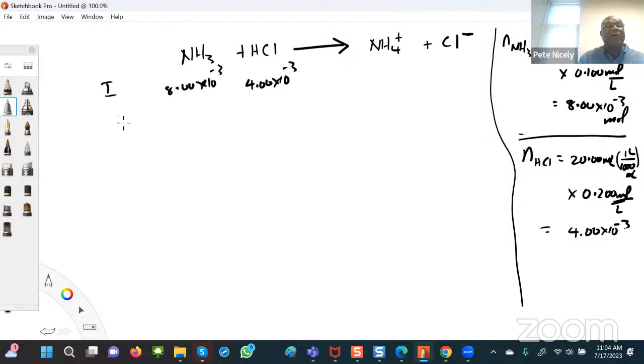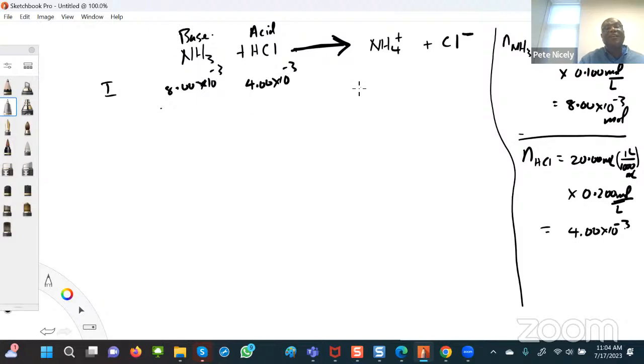Now you'll notice that the type of arrow I'm using here is the arrow going in one direction, all right? And the reason why that is so is because this is an acid-base reaction. All acid-base reactions will go to completion because the hydrochloric acid is the acid in this reaction and the ammonia is the base.